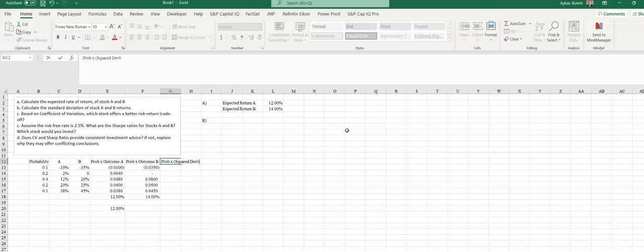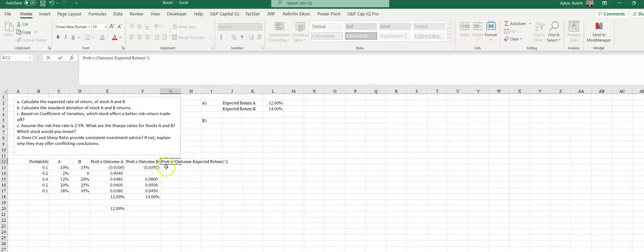Or we could just simply say probability times outcome minus expected return, squared.